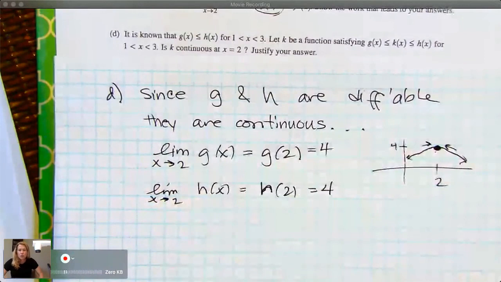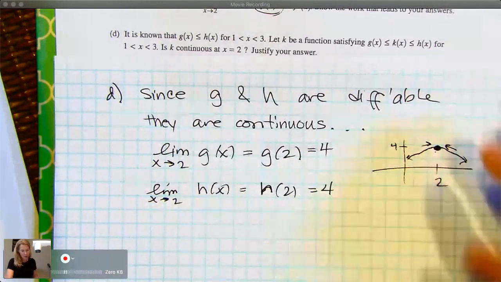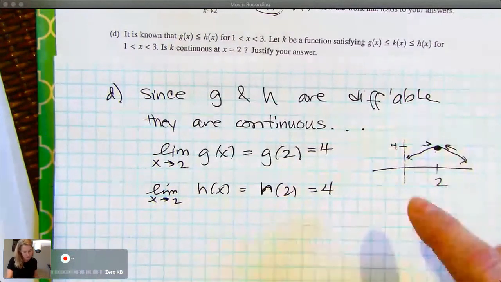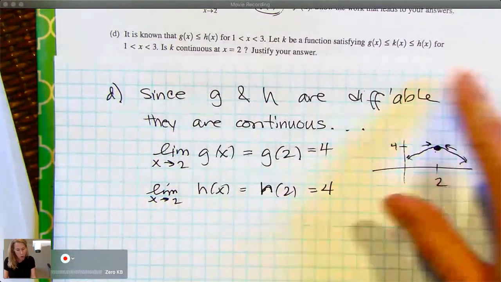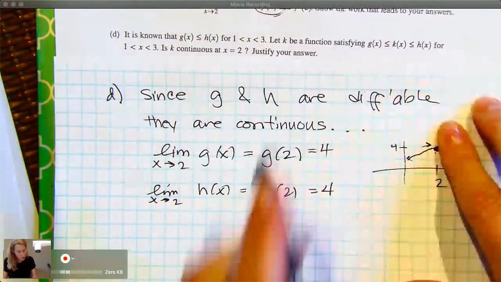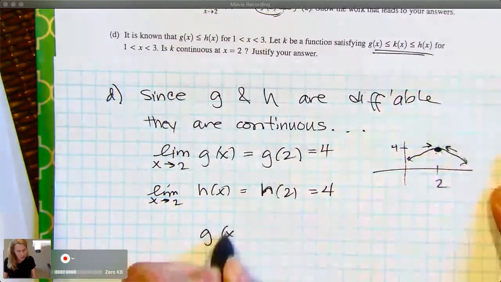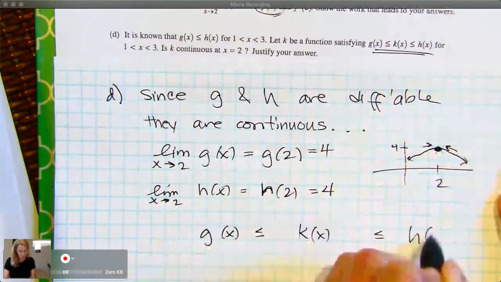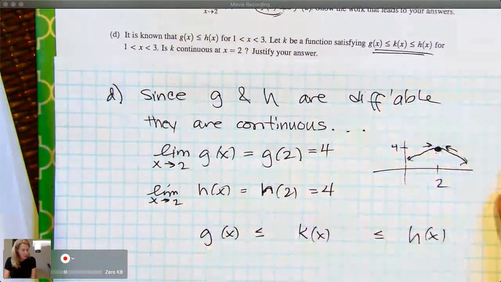All right, so the question is reminiscent of the sandwich theorem, also known as the squeeze theorem, right? So what I know is that they told us that g of x is less than or equal to k of x is less than or equal to h of x.